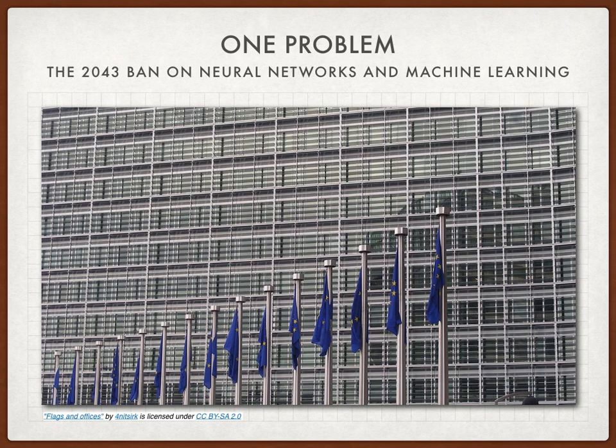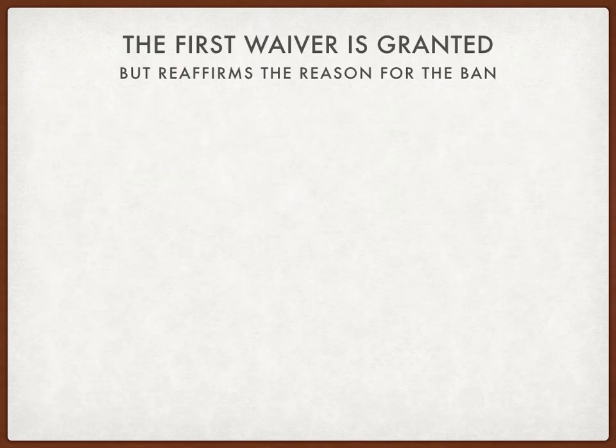However, the law that bans them does contain an exception. It does allow you to get a waiver to this law in order to try something that might be of the benefit of all humankind, I believe is the words that were used. So Dr. Clark was able to get a waiver. So he was able to develop a machine learning algorithm to try to create a general purpose pilot.